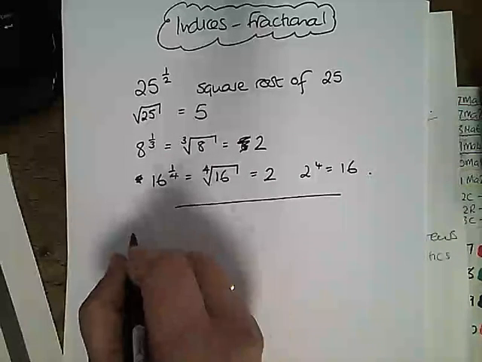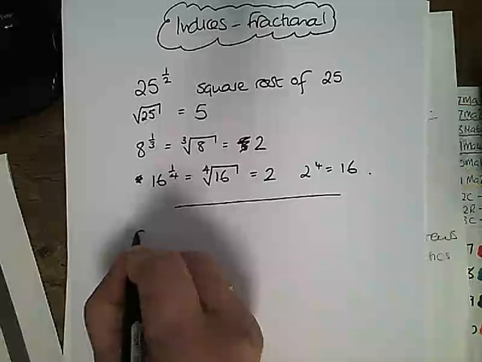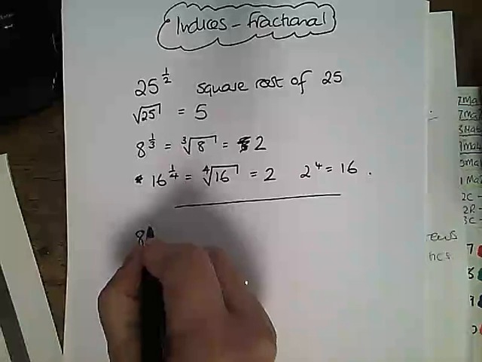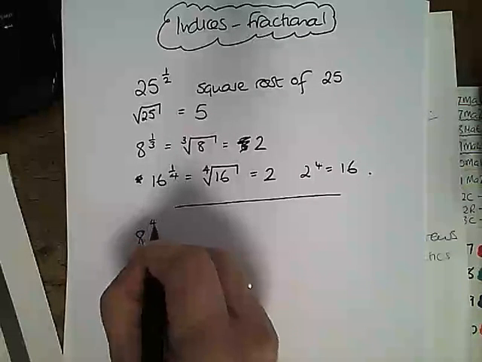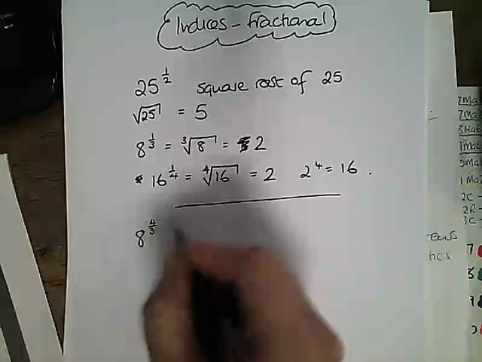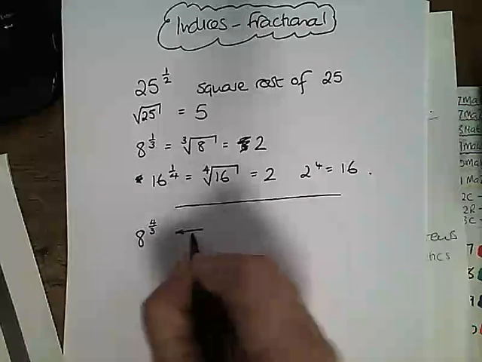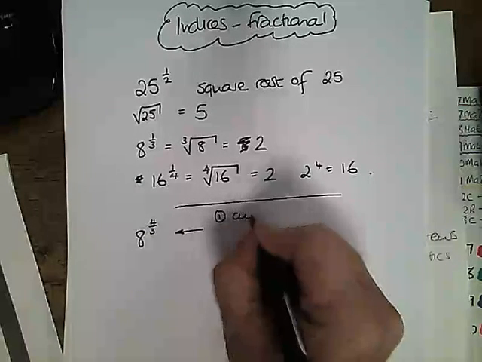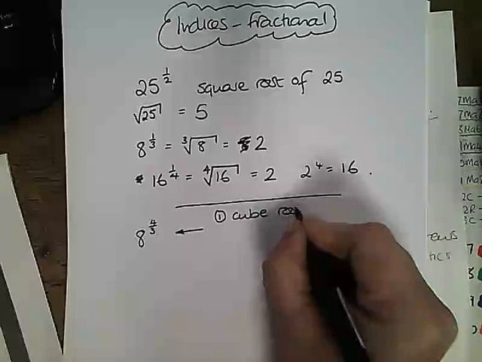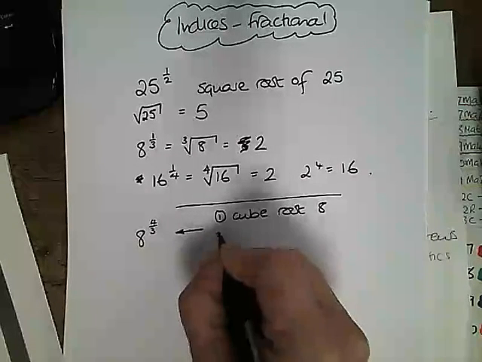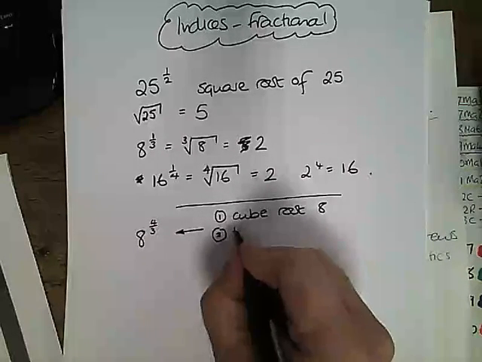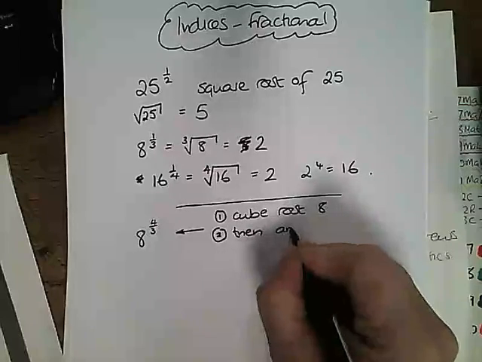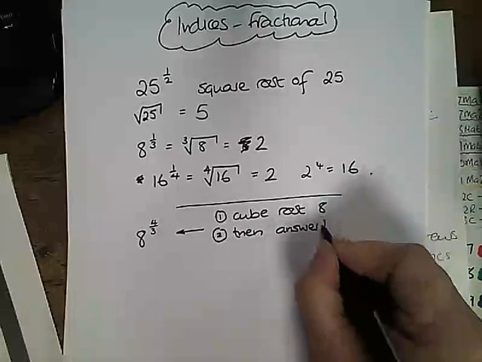For example, if I had 8 to the power 4/3, that is telling us, first of all, cube root 8. Then with that answer, to the power 4.